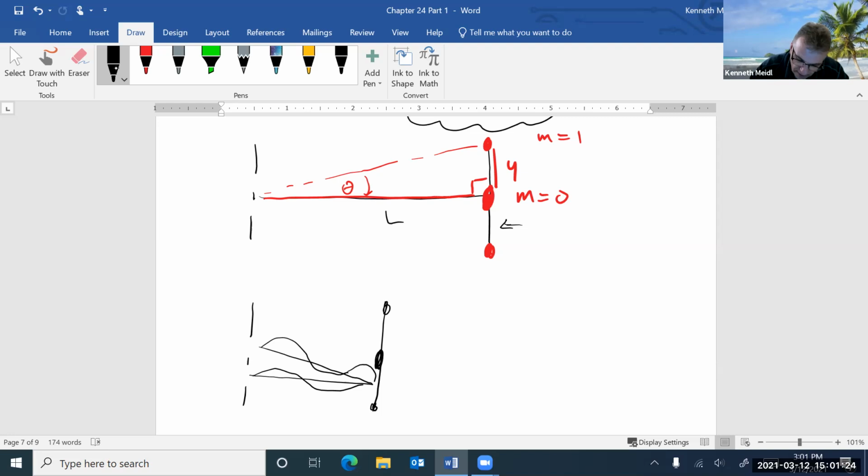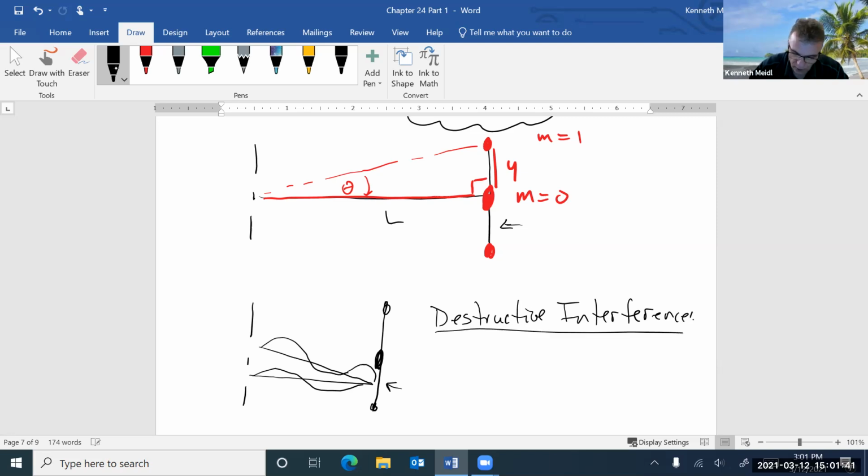And for this spot right here, for the destructive interference, the path difference, one of those rays is longer than the other, so the path difference is like a half of a wave.